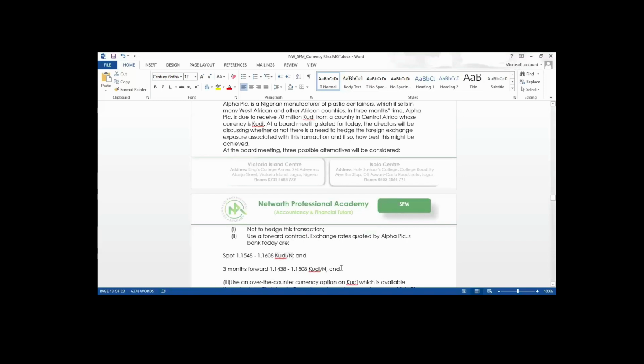I can pause the question here. Kudi is a foreign currency. Naira is a domestic currency.